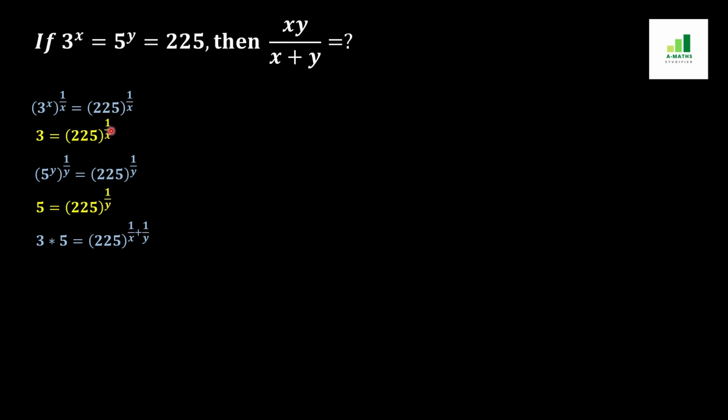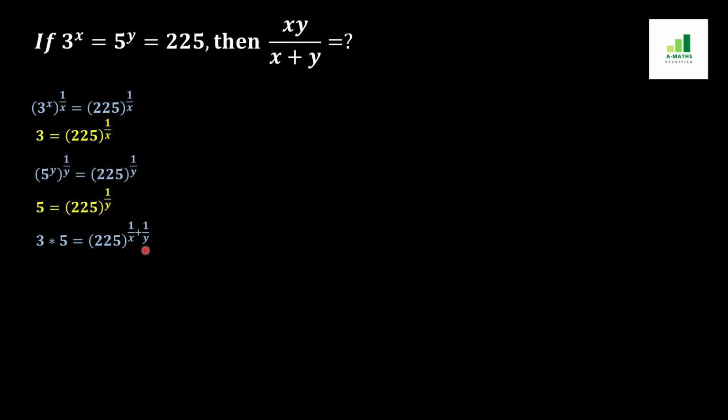So here we apply the basic rule of algebra. When we multiply these two values, these bases are the same, so the powers will add together and we will get 225 to the power 1 over x plus 1 over y.